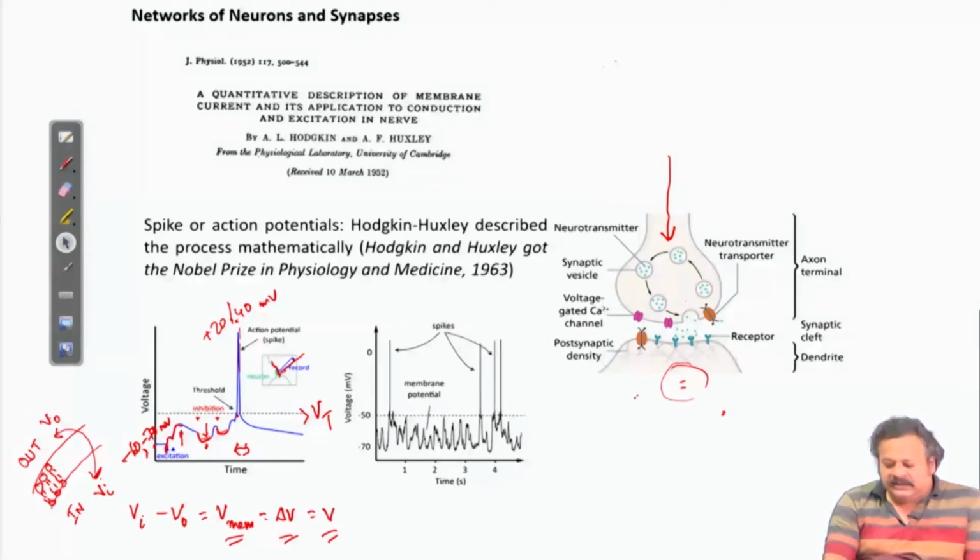Now, this membrane potential change in the postsynaptic neuron, whether it is excitatory or inhibitory, and how other inputs are coming in over time, determines how the processing or computation is done by the next neuron, the postsynaptic neuron.